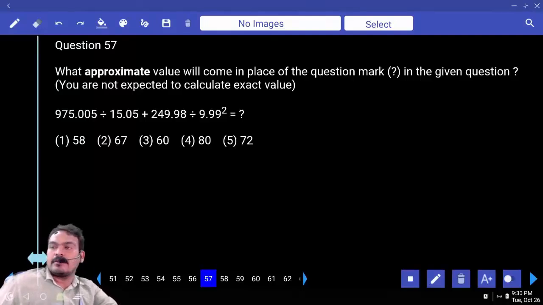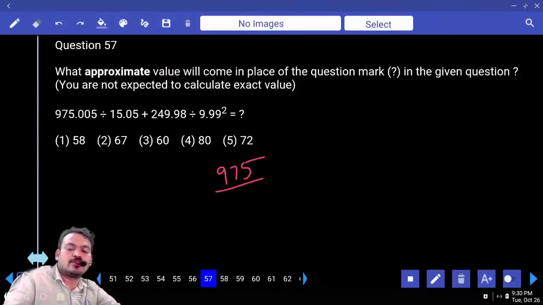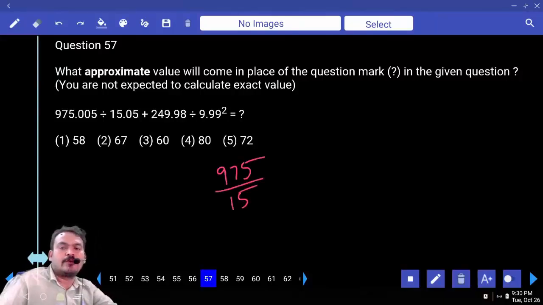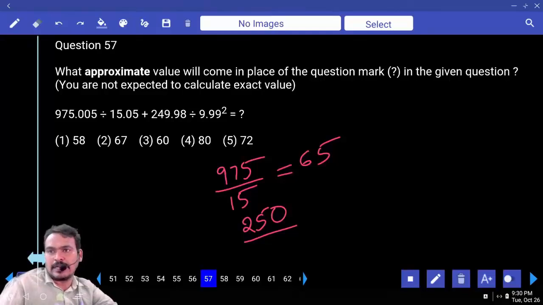First priority is division value, or not? What is the first one we wrote? 975 by how much value? 15. 15 almost how many times? 65 times, or not? Next, the second one, 250 by how much value? 9.99, almost 10. 10 square means 100, or not?